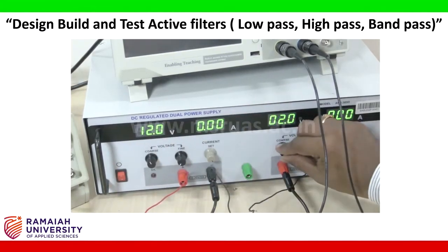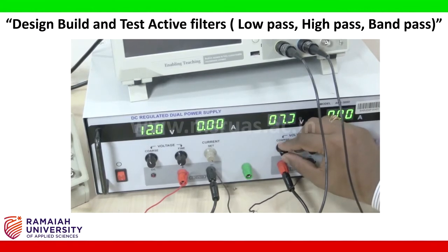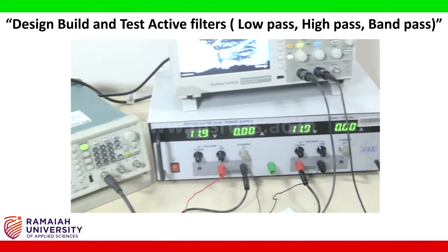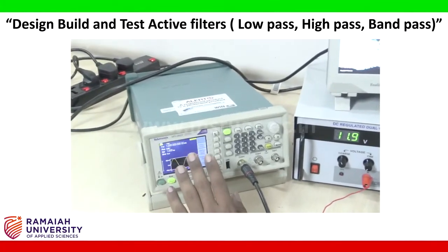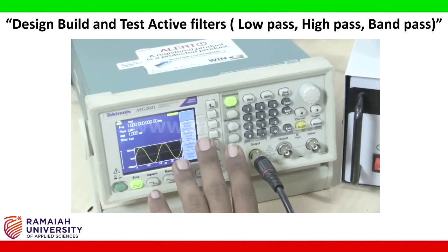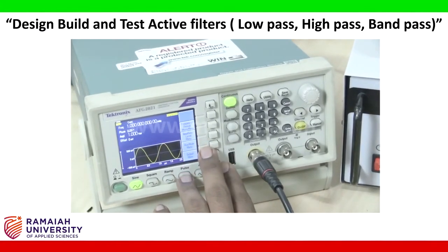This side also I need to set to 12 volt. I want to set the frequency. We are designing this for a 1 kilohertz cutoff range. So approximately we can get around 1.4 kilohertz as a critical frequency in this circuit.